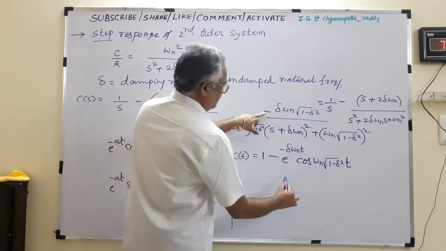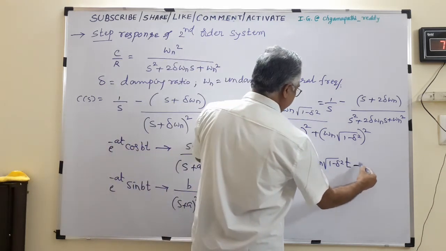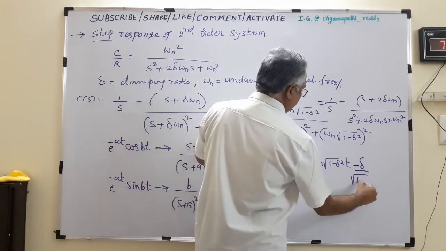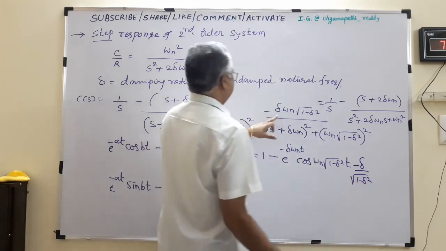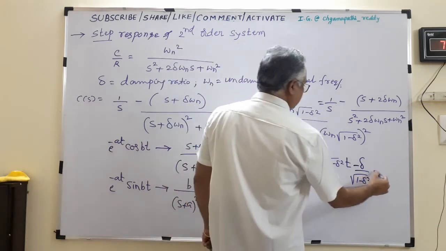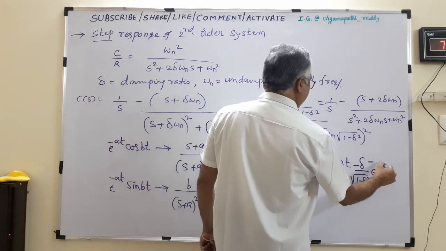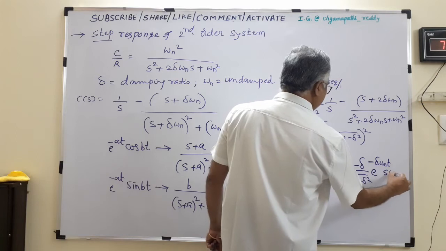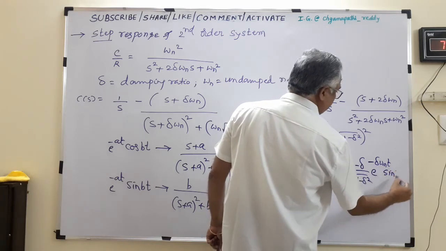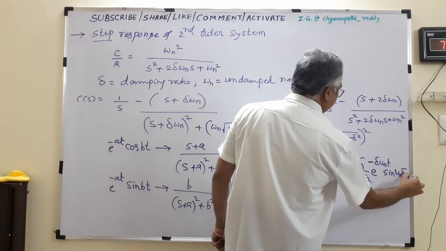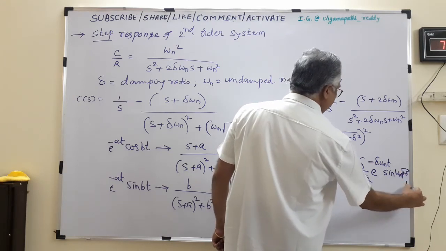So therefore minus delta by root of 1 minus delta square. This is b by like this. So e power minus delta omega n t sin omega n root of 1 minus delta square t.